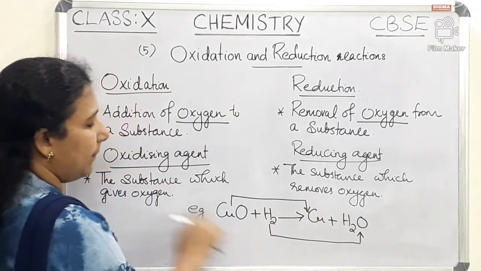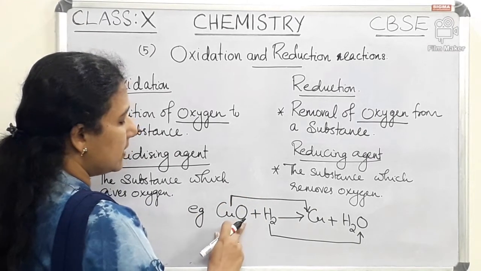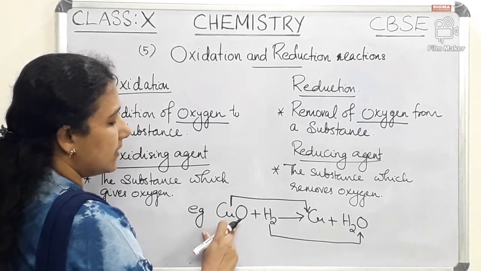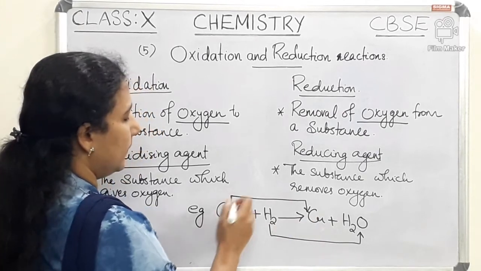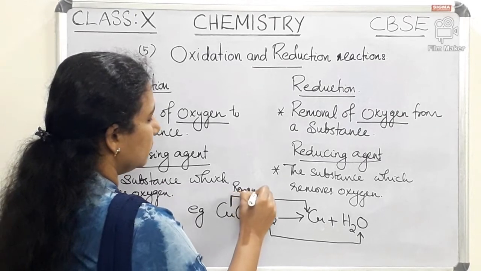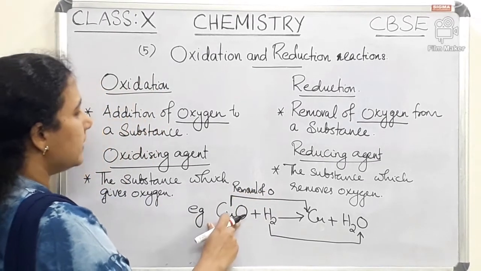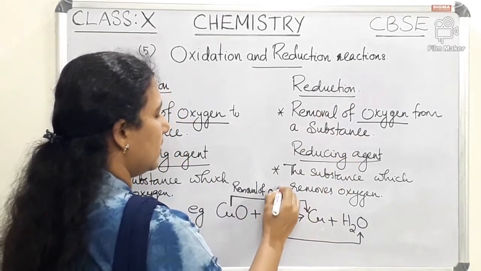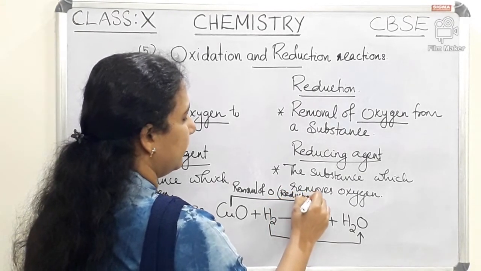Now let's see what happens to CuO. Here in CuO the oxygen is removed. So oxygen is removed from CuO and CuO changes to Cu. So we can say there is removal of oxygen in this case, and removal of oxygen from a substance is known as reduction. So this is actually a reduction reaction.